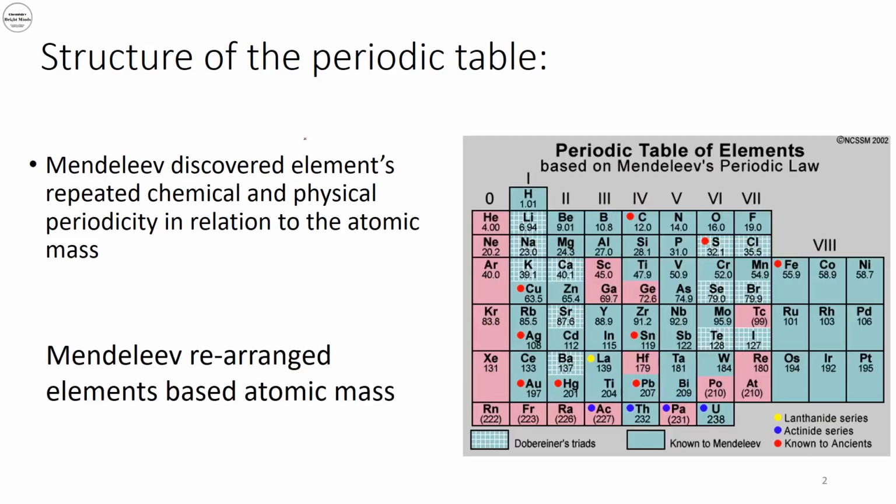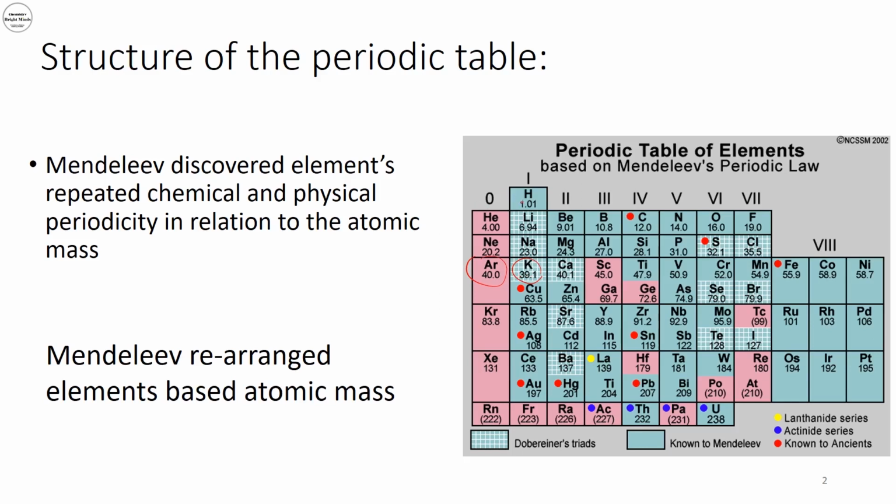In the atomic mass, yes, some elements can be arranged, where you have hydrogen 1, then you move to helium 4. So you are increasing the atomic mass, but there were some gaps that Mendeleev himself couldn't explain, where you have argon with atomic mass equal to 40 and potassium comes after with atomic mass equal to 39.